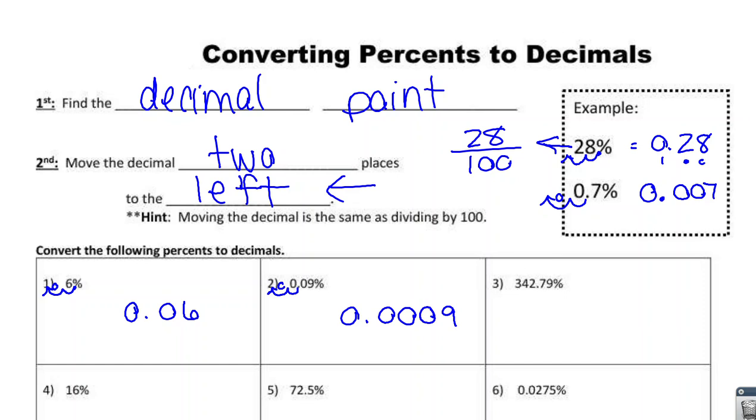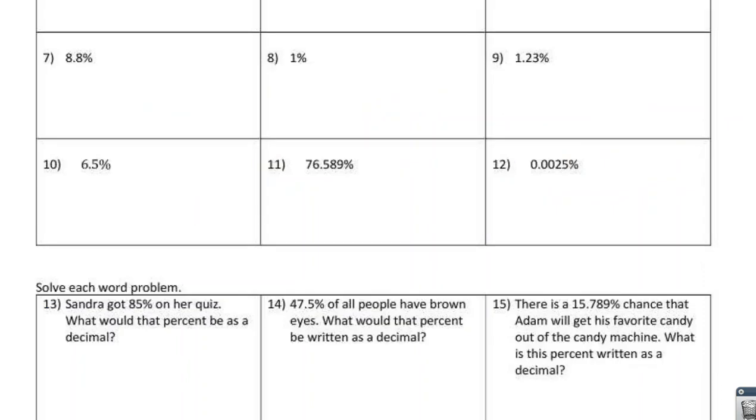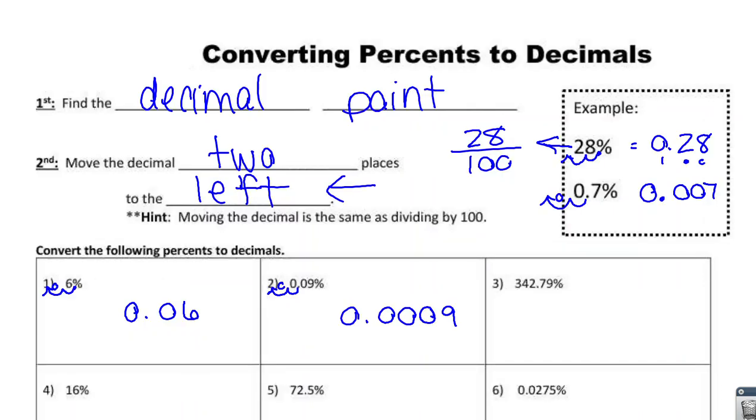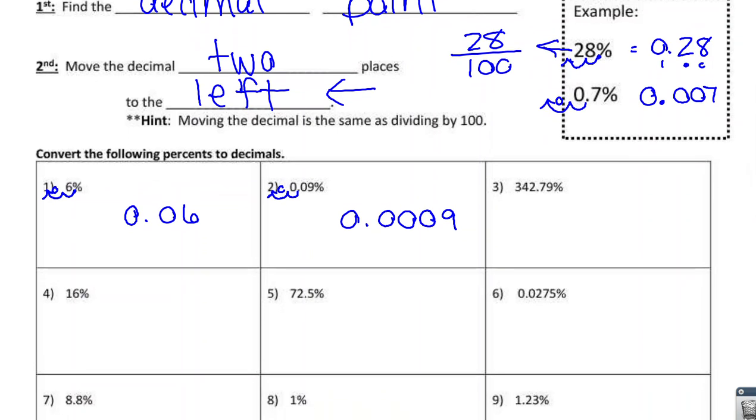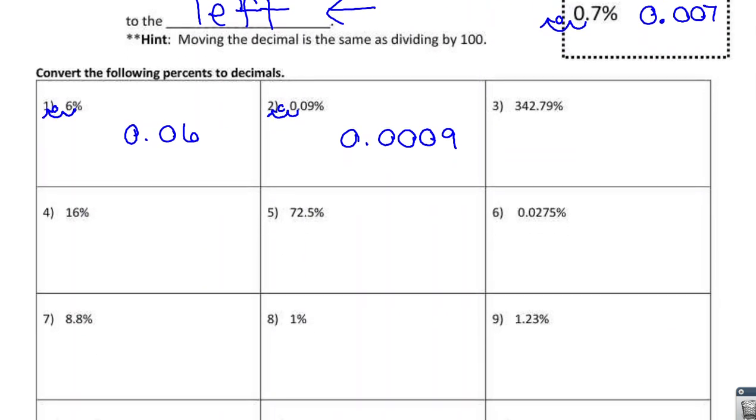So what I would like for you to do is numbers 3 through 6, and then we'll check those ones, and then we'll do the rest of them. So pause here, do 3 through 6. So move it 2.